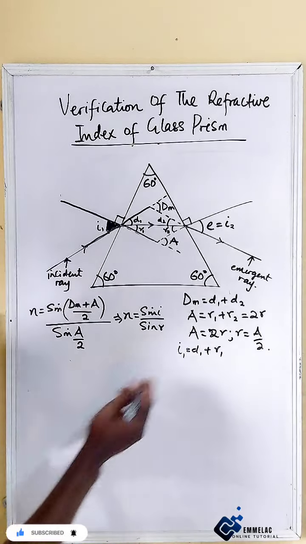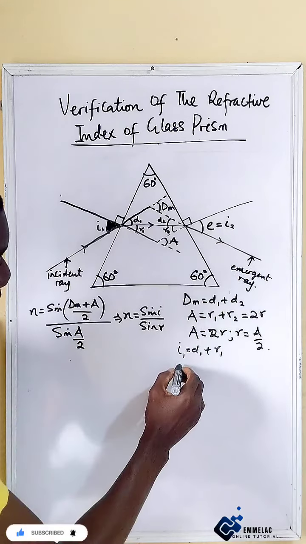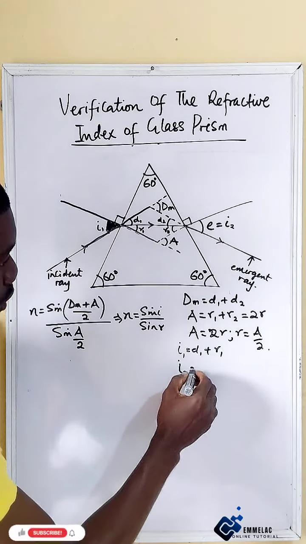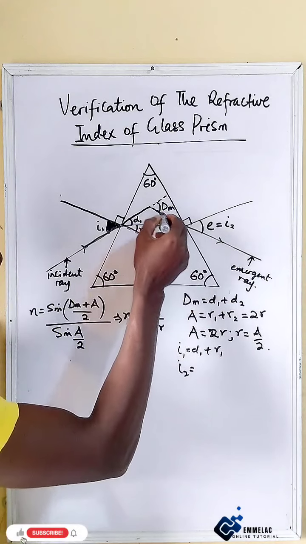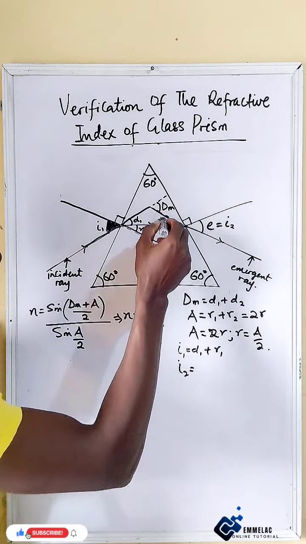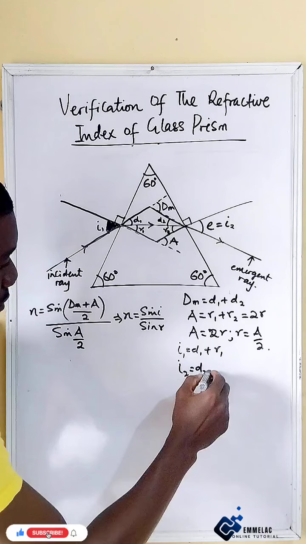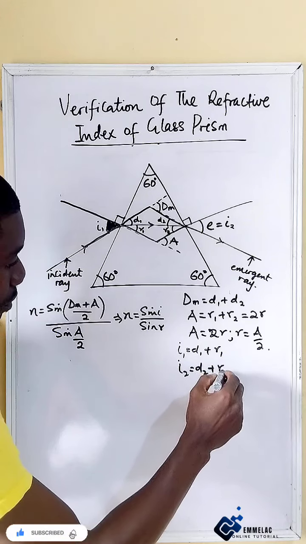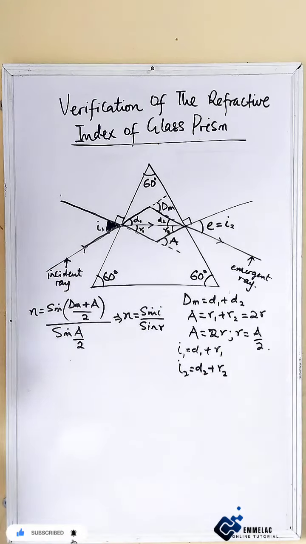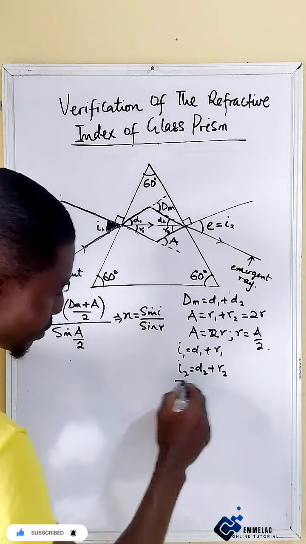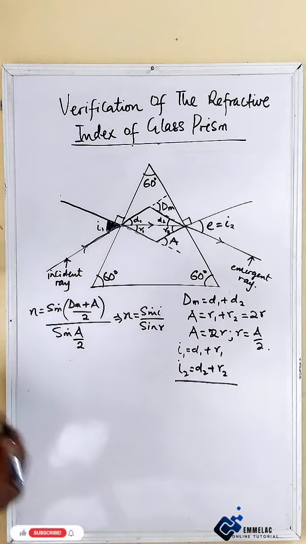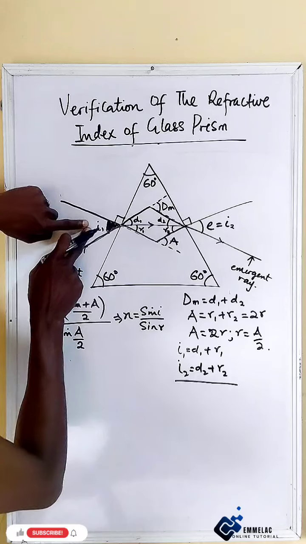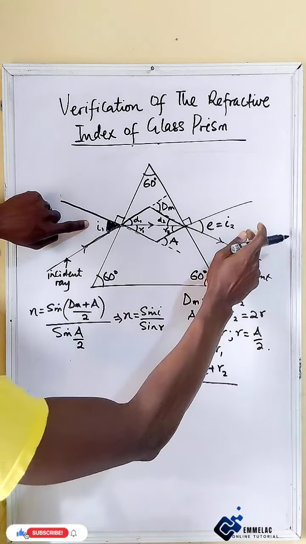In the same vein, i2 will also be equal to this same angle here, the sum of D2 plus r2. Now adding the two together, let us take note that this angle here equals this angle.